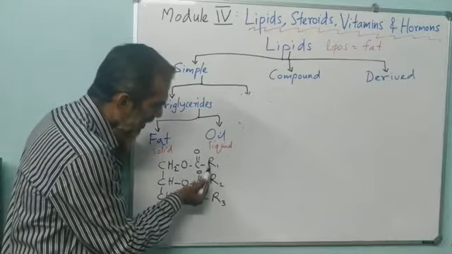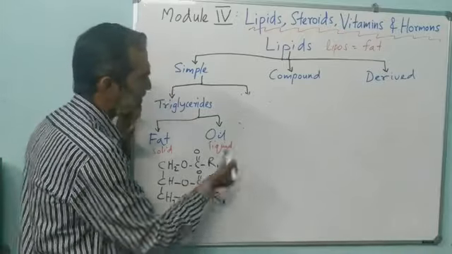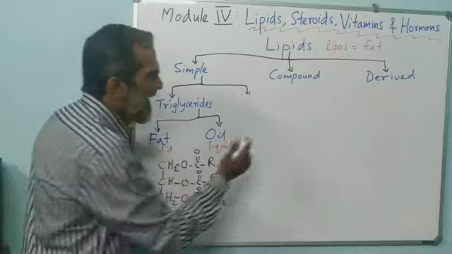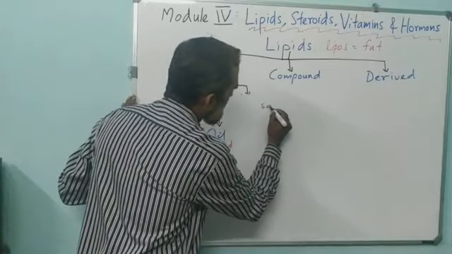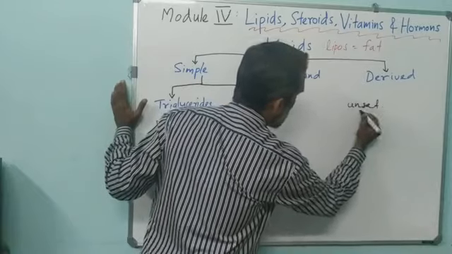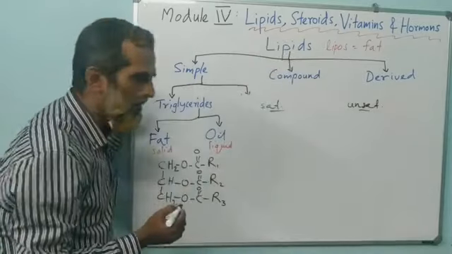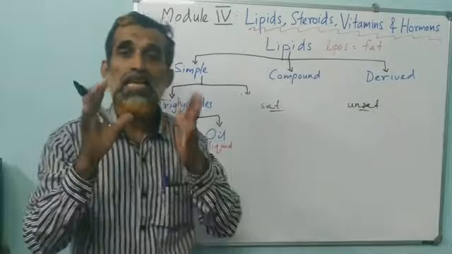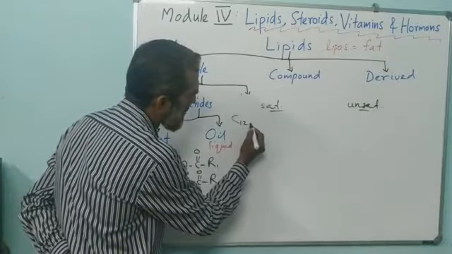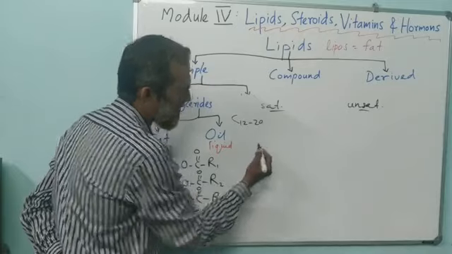What are the fatty acids possible in triglycerides? Let me put examples for these fatty acids. Fatty acids can be either saturated or unsaturated, right? Generally, fatty acids contain an even number of carbon atoms, and the number of carbons may range from C12 to 20 or sometimes 22.